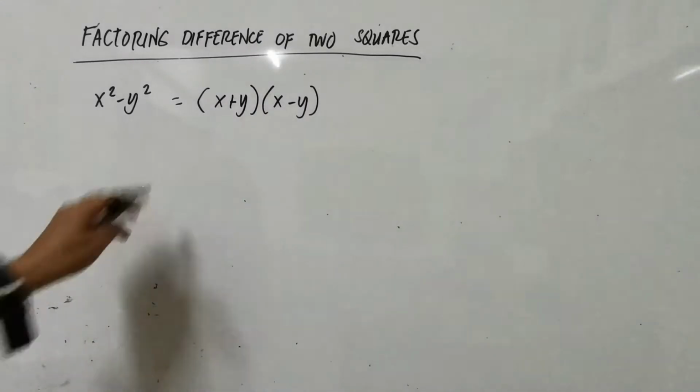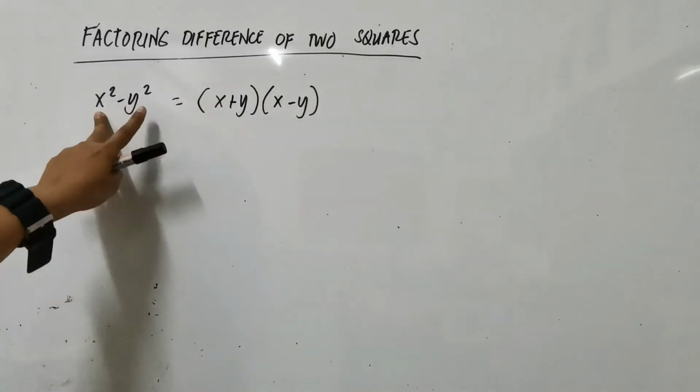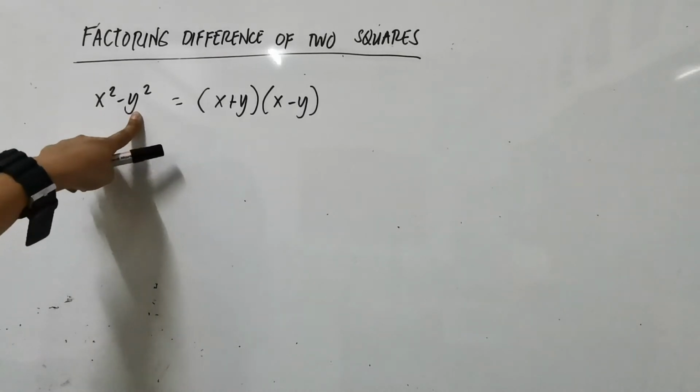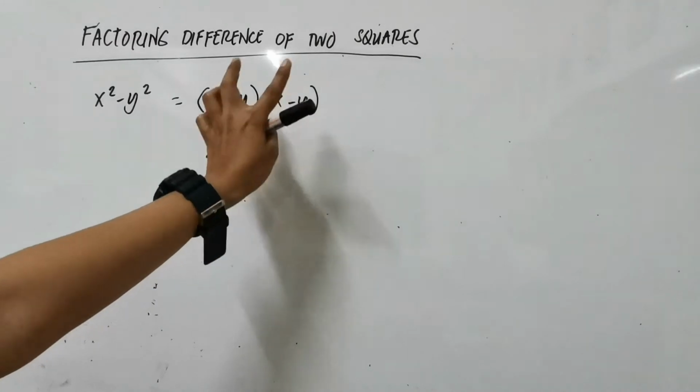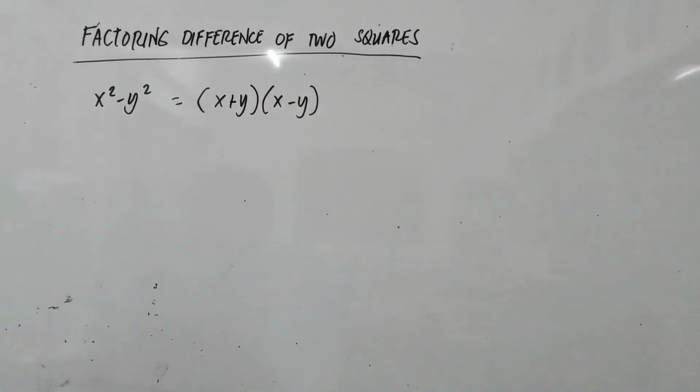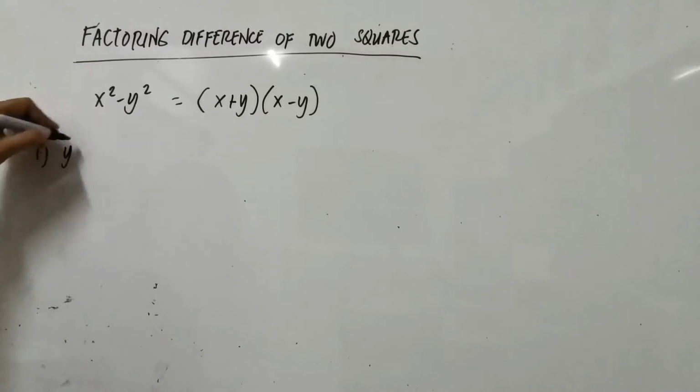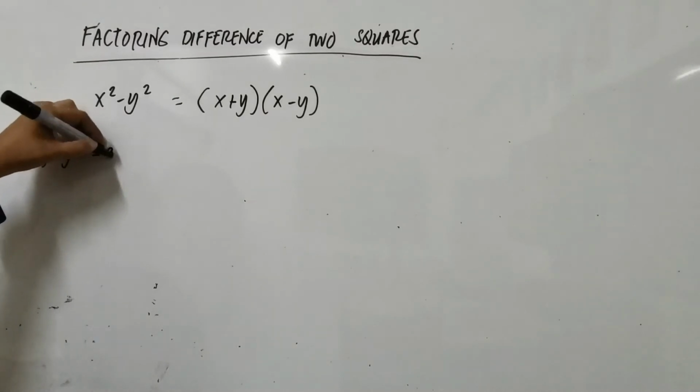So, ibig sabihin, square root lang ng first term and ni last term, tapos lagi lang nating ilalagay ang kanyang sum and difference.